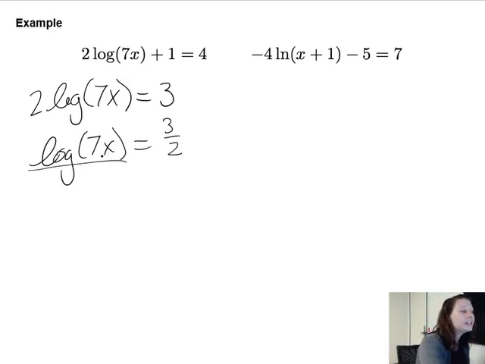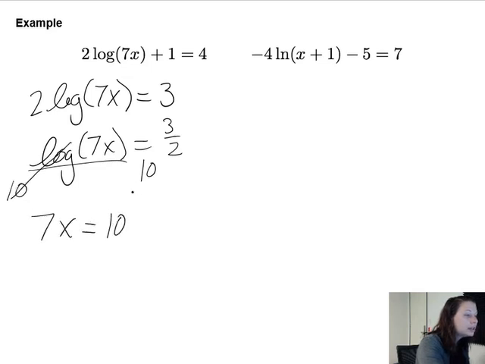It's always the same base, so put in an exponential. This log doesn't have a base written, so it's understood base 10. So we say 10 to this side equals 10 to this side. These cancel, so we have 7x equals 10 to the 3/2.